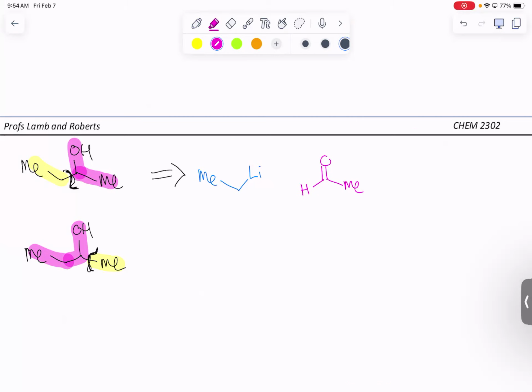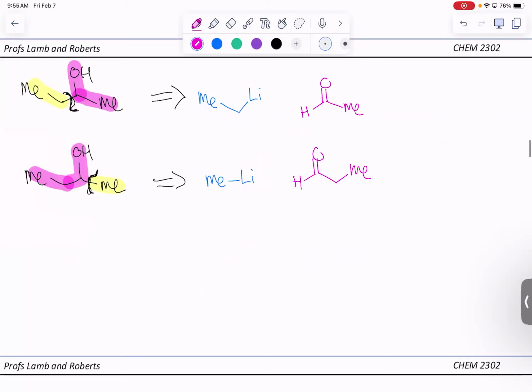So instead of constructing this from two 2-carbon fragments, we could instead use methyl lithium for that yellow portion that I've highlighted. And then we could have our carbonyl compound have 3 carbons in it. Both of these are perfectly valid answers.